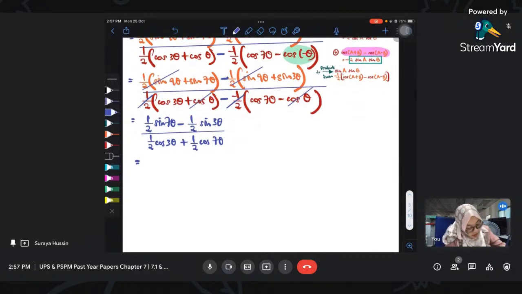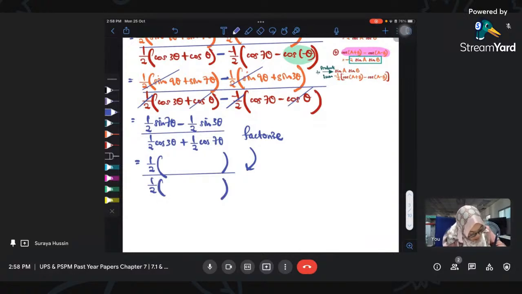We factorize. Now what we have to do is factorize. Panjang kan solution dia? Yeah. So sine 7 theta minus sine 3 theta over cos 3 theta plus cos 7 theta.